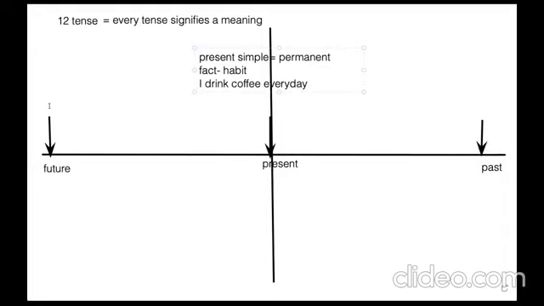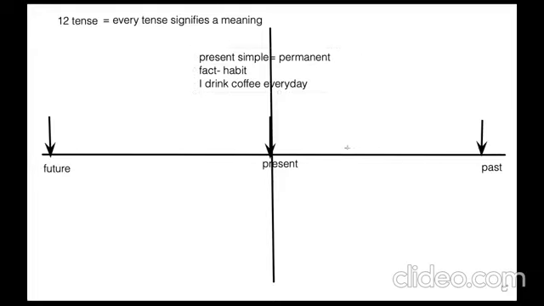When you say a general fact, like the sun rises from the east, this means that the sun rises from the east in the present, in the past, and in the future. Right? So the present simple will be throughout the timeline. It's permanent, right?